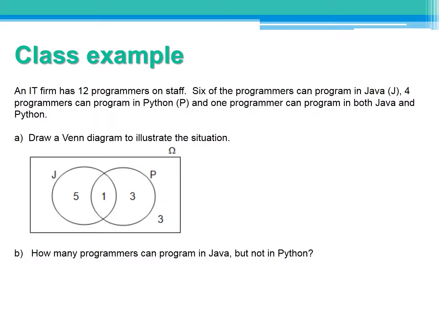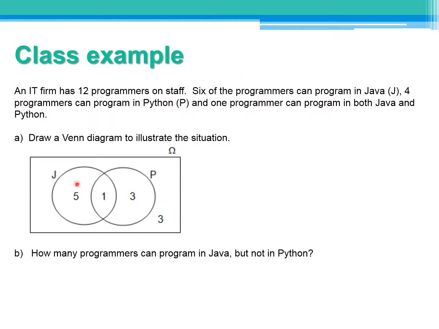Okay, so first of all, you must see that you have an outcome space with 2 events, and Java and Python are not going to be mutually exclusive because there is 1 programmer that can program both in Java and in Python. So here in the overlap, there's going to be 1 programmer. Then I tell you, for Java, there's 6 programmers.